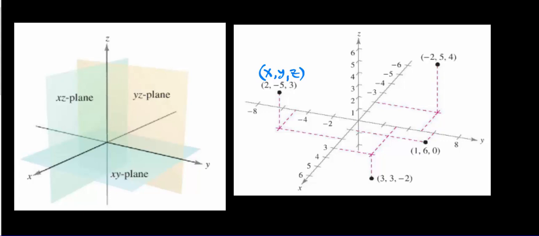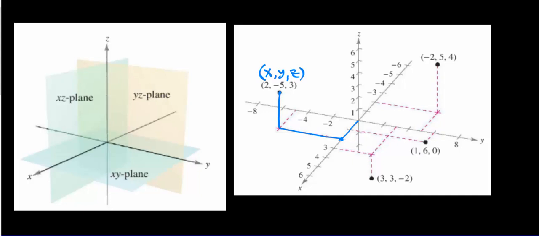Well, we go to the 2 on the x-axis right there, and then we go across until we line up with the -5 on the y-axis, and then up 3 units. So we go 2, -5, and 3.